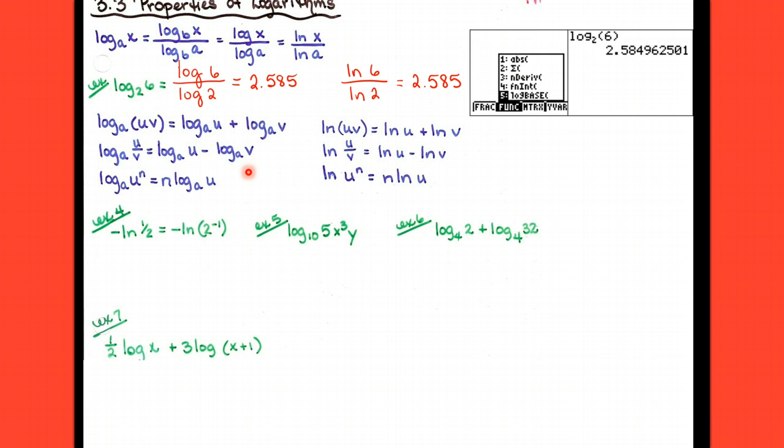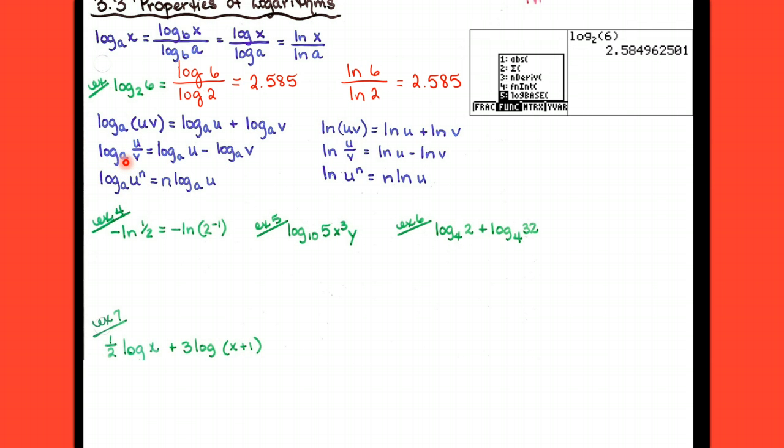So in exponents, when your bases are the same and you're dividing, what do you do with your exponents? Subtract them, exactly. So when your base is the same and you're dividing, you can subtract. That'll be a way to help you remember that. And again, the opposite way is true. If you have two separate logs that are being subtracted and they have the same base, you can combine them into one single logarithm where the values are being divided.